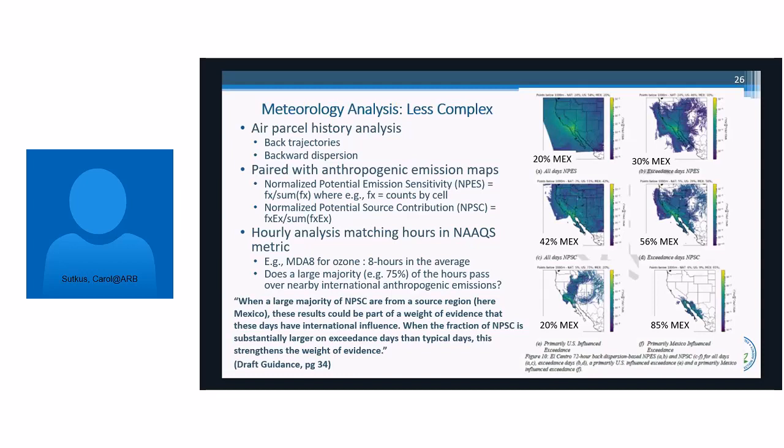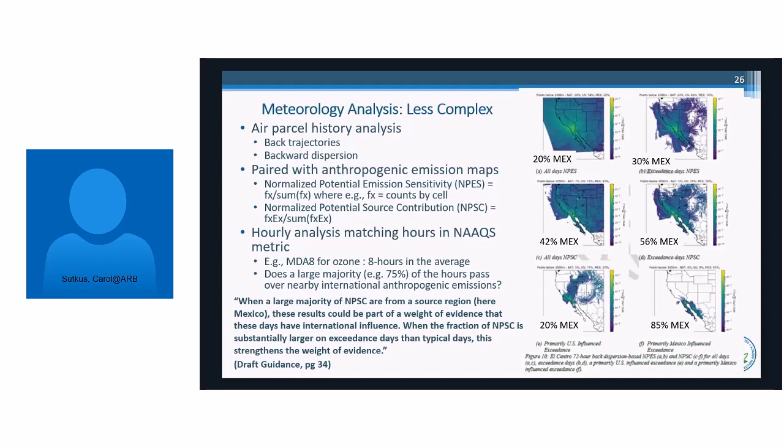What we would do is we would take an hourly analysis, matching hours in the NAAQS metric, for example, the maximum daily 8-hour average for ozone. We'd take backward trajectories or dispersion modeling for all 8 hours being used in the average. And we'd be asking the question, does a large majority, for example, 75% of those hours, pass over a nearby international anthropogenic emission?